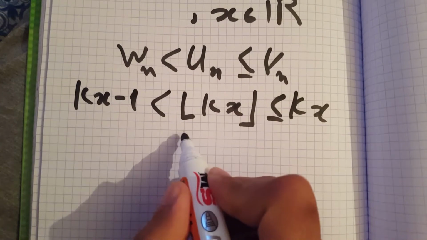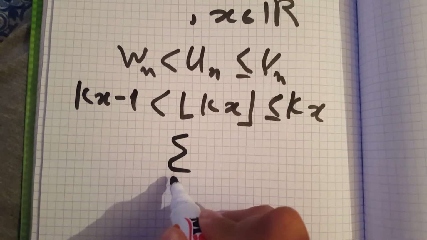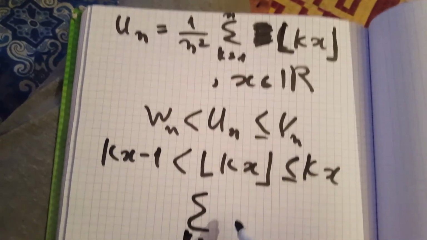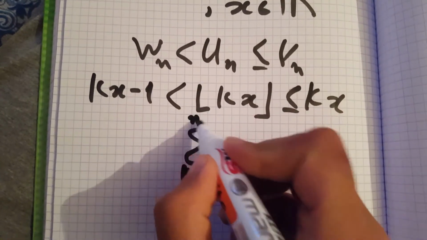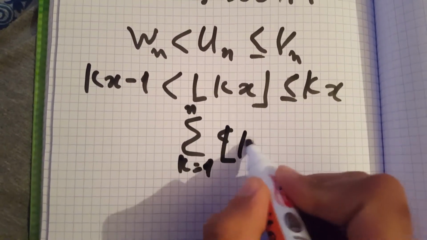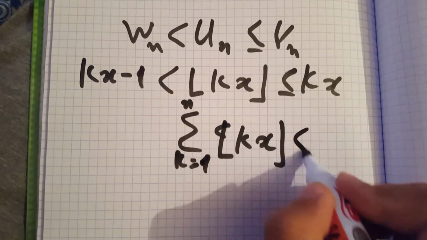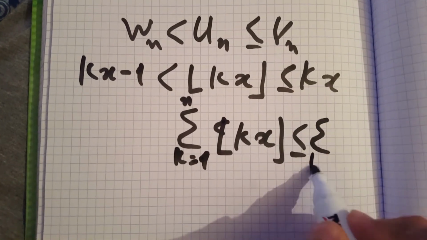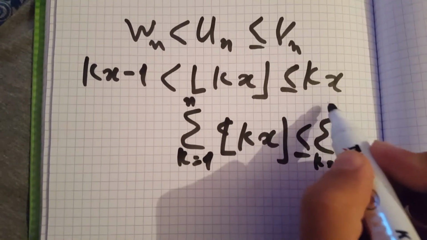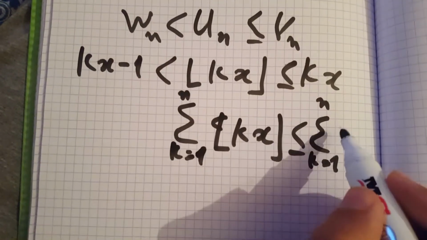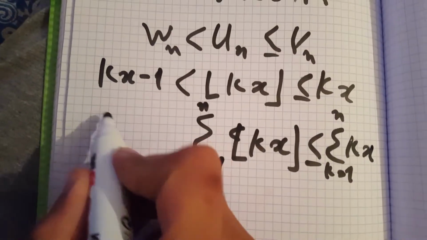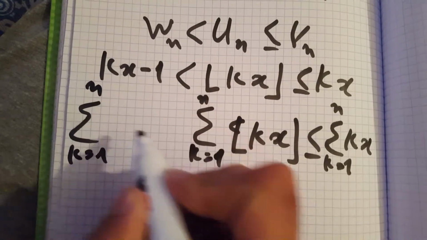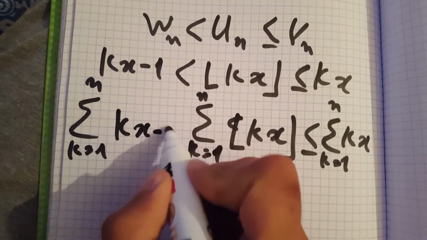So we have the sum of the floor function of kx from k equal to 1 to n, is smaller than the sum from k equal to 1 to n of kx, and it's bigger than, in a strict sense, the sum from k equal to 1 to n of kx minus 1.